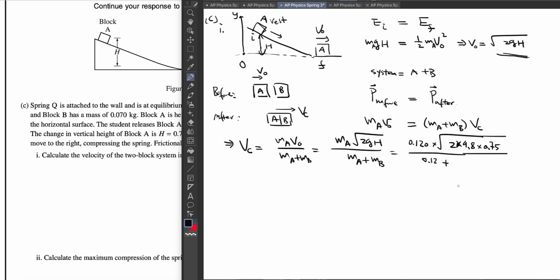MB is 0.07. Okay, so the calculation will give us, let me check the answer here. 0.42 meters per second. Okay, so you can also check this calculation, and if you find any errors, let me know.